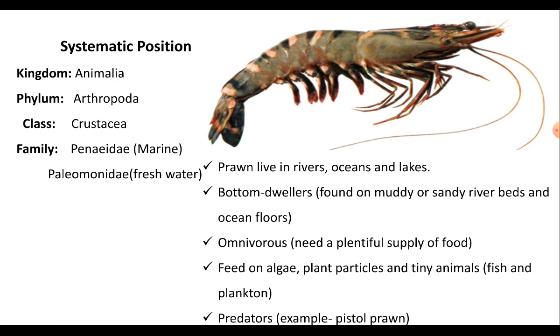It is carnivorous and needs a plentiful supply of food, where it feeds on algae and some plant particles, and also on tiny animals, fish, and plankton. They are also good predators. Example, pistol prawn.